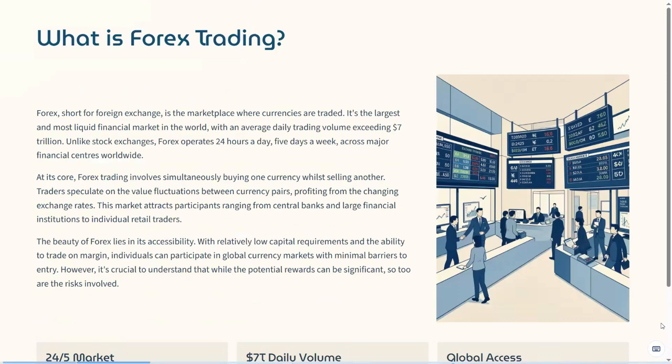You ask somebody, what's Forex? Forex is the short form of foreign exchange. So it's basically the process of exchanging one country's currency for another.